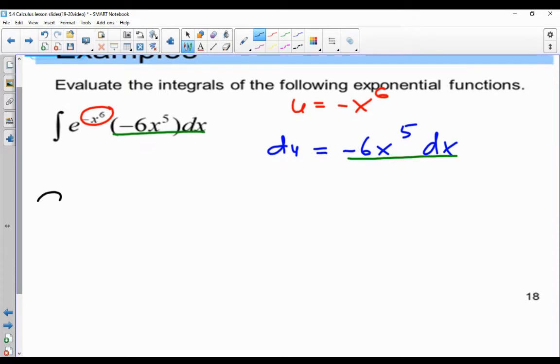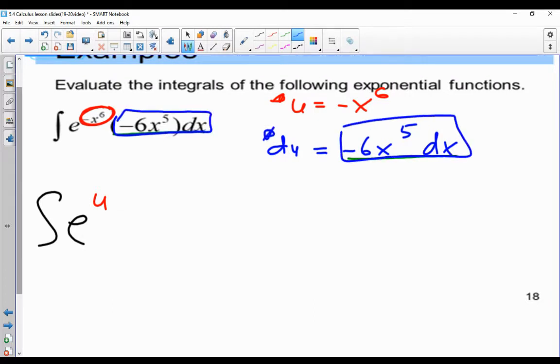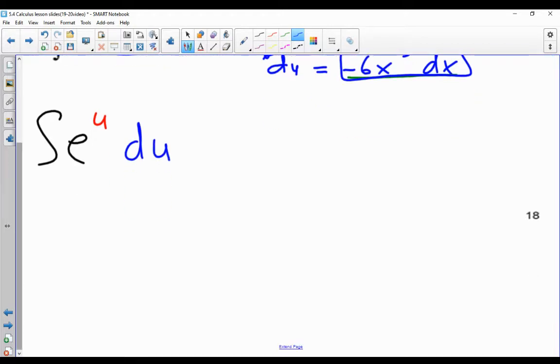All right, so let's do the substituting part. Instead of negative x to the 6, I'm going to put in u in its place. And instead of negative 6x to the 5th dx, I'm going to put du. There you go. And just like before, e to the x, or also e to the u, is its own derivative and its own antiderivative.